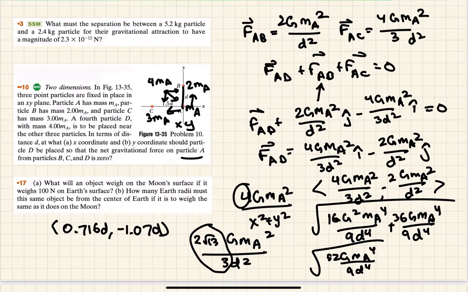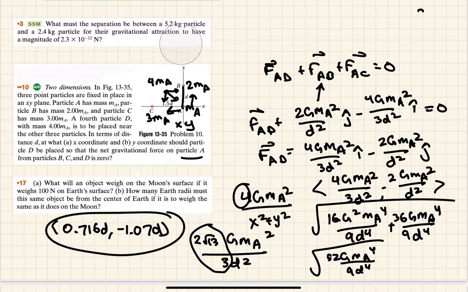And so now you can get x squared plus y squared in terms of d squared. And then you can simplify it using the angle, which is inverse tangent of y over x, and then break it into components. I ran out of space on my screen, so I'm not going to go through all that. But this is just vector addition, and you can solve for it. So we're going to get a is 0.176d, and b is negative 1.07d.